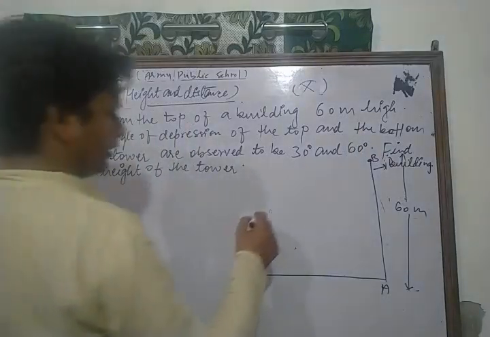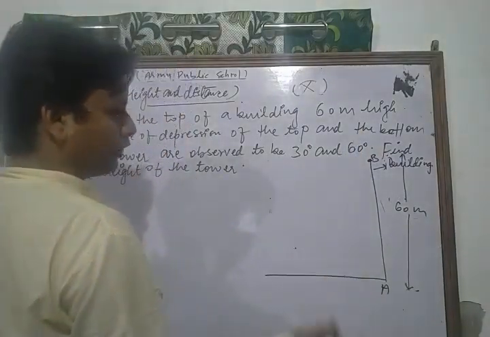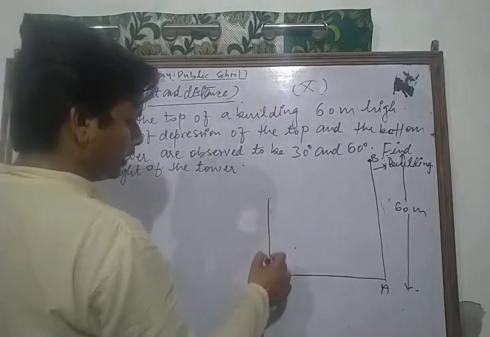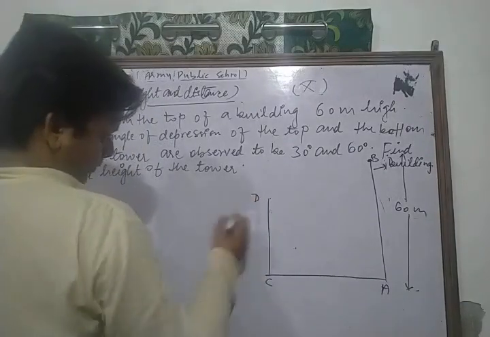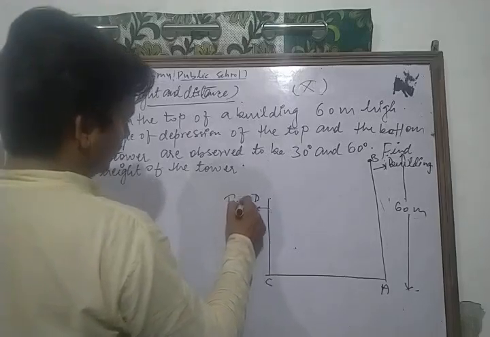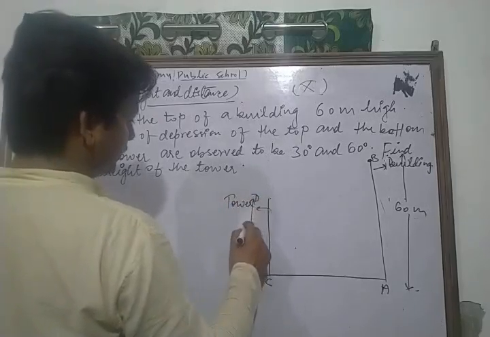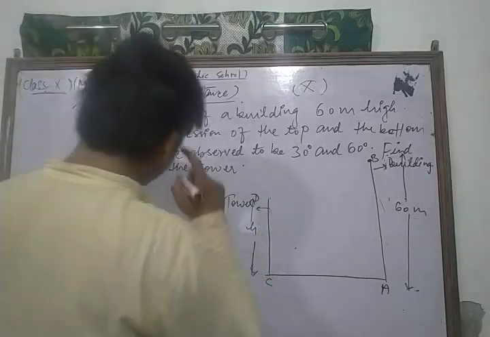Suppose we draw a tower, which also stands on the surface of the earth. Let CD be the tower, and the height of the tower be H, which we have to find.